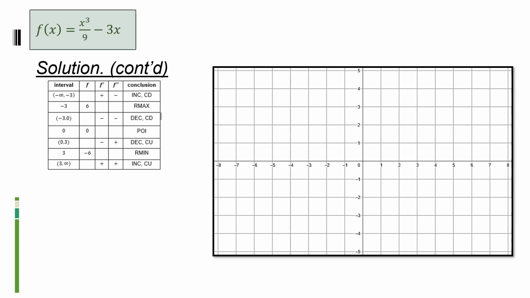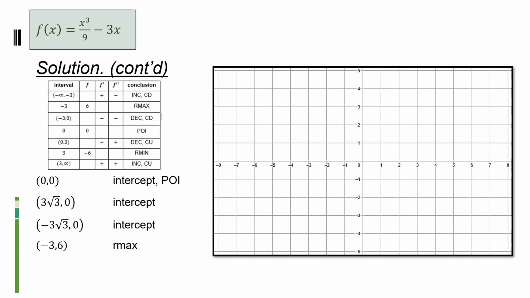Given that information, together with our points, we have 0, 0 as the intercept and POI, 3 square root of 3, 0 as an intercept, negative 3 square root of 3, 0 as an intercept again, our negative 3, 6 as the relative maximum, and 3, negative 6 as the relative minimum, we can now graph the function.